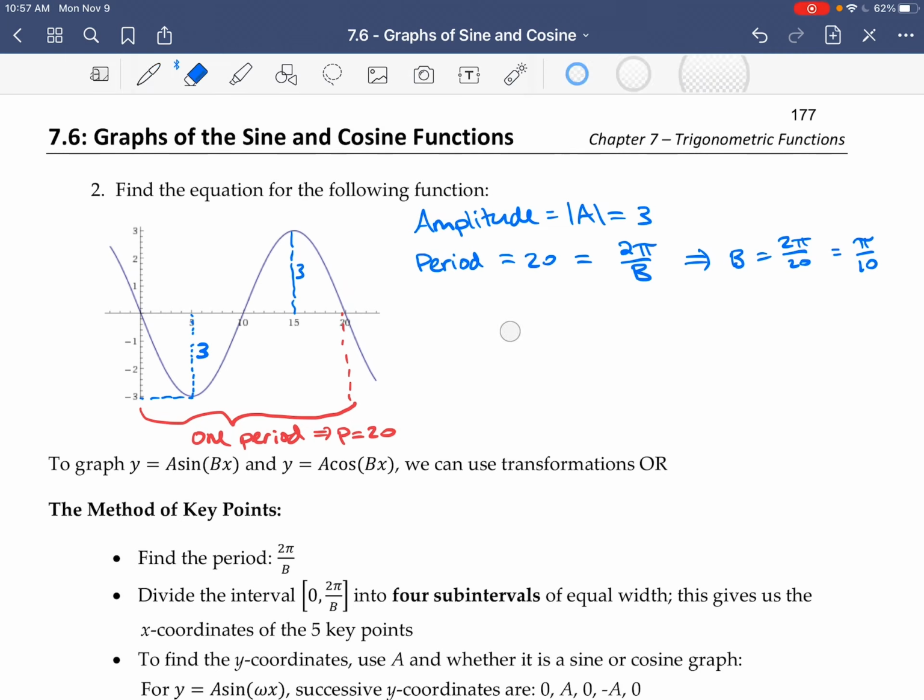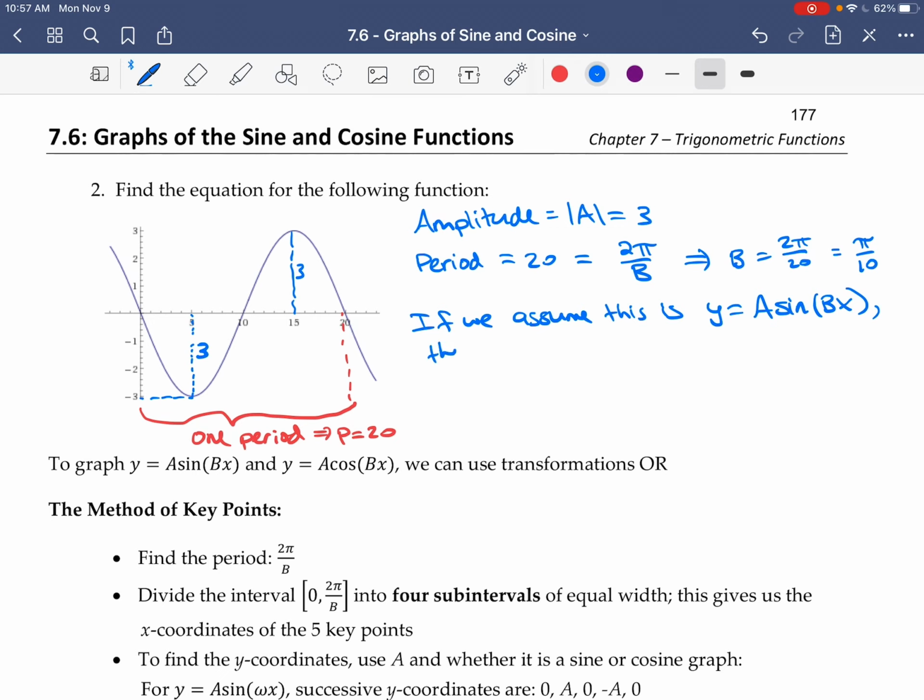If we assume this is y equals a sine of bx, then it must have been reflected over the x-axis.